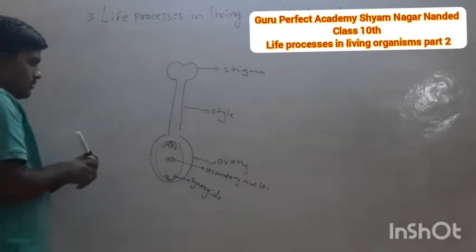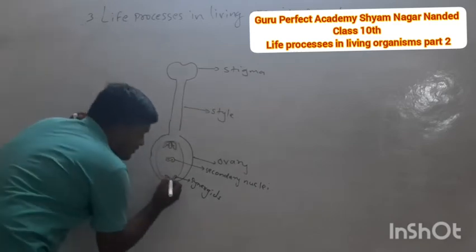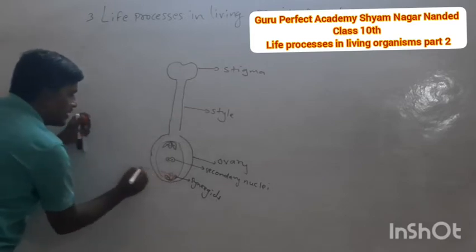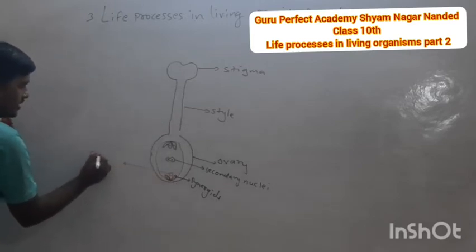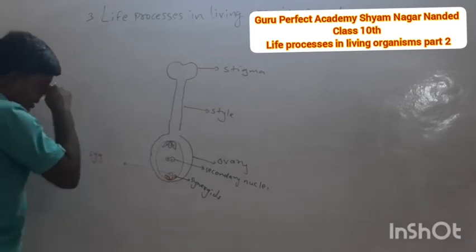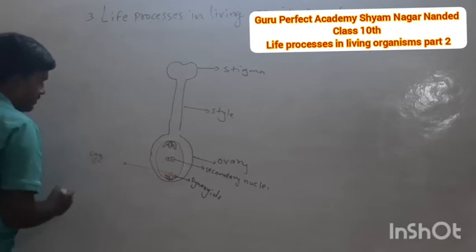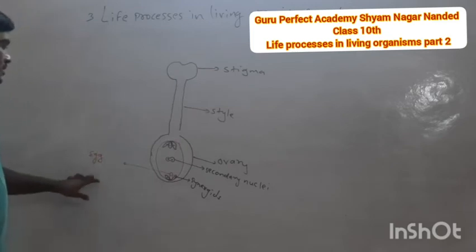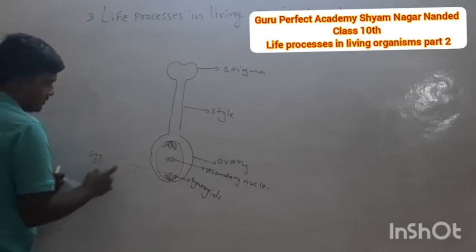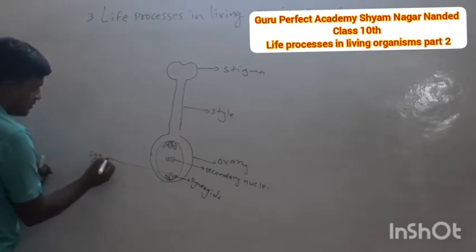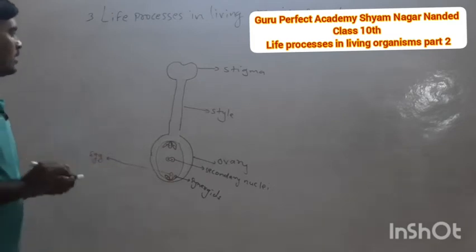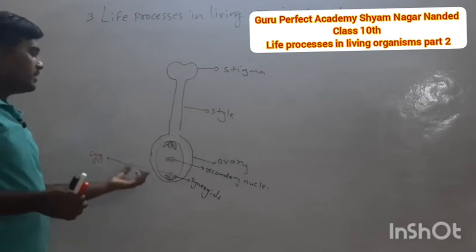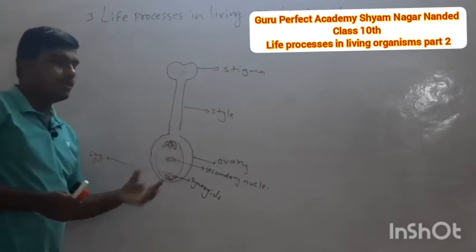And we have the female gamete here. This is the egg cell or egg, or we can say the female gamete. So, this is the structure of the ovule, we can say simply.